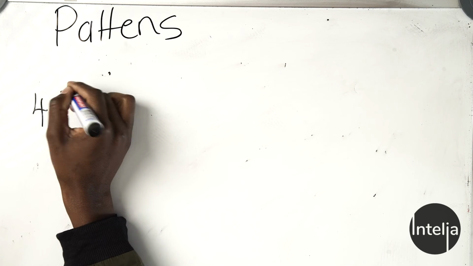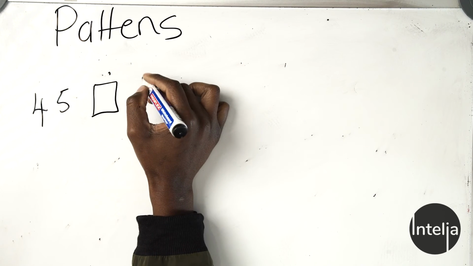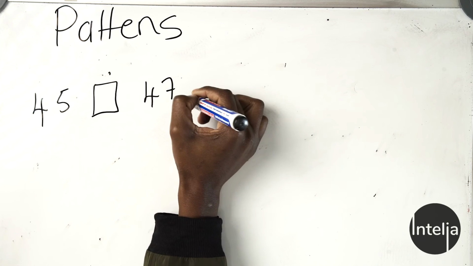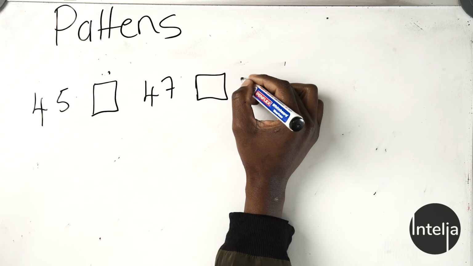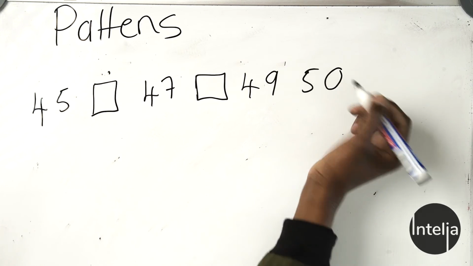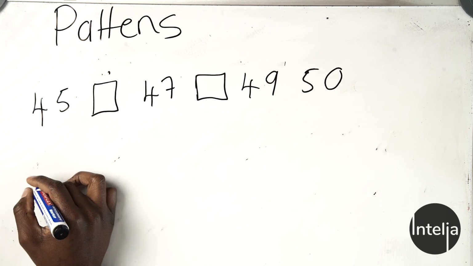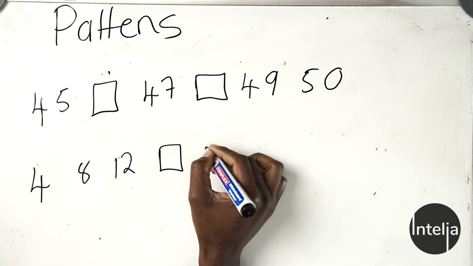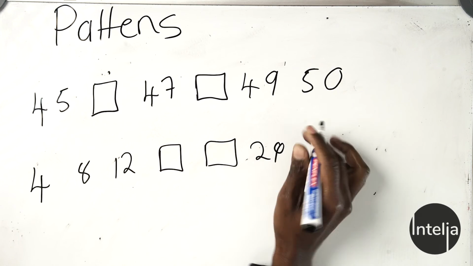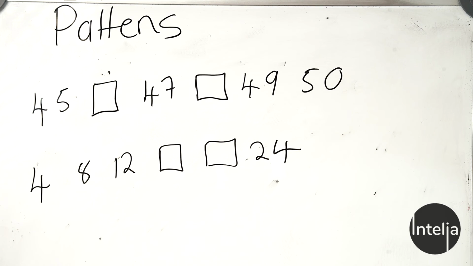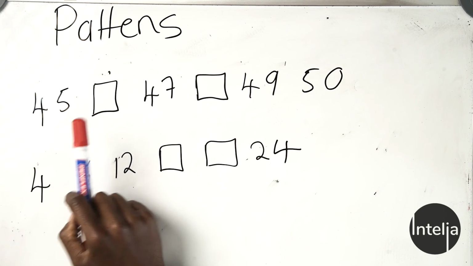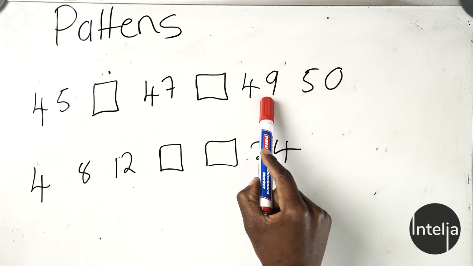Let's say we have 45, a missing number here, 47, another missing number, 49 and 50.